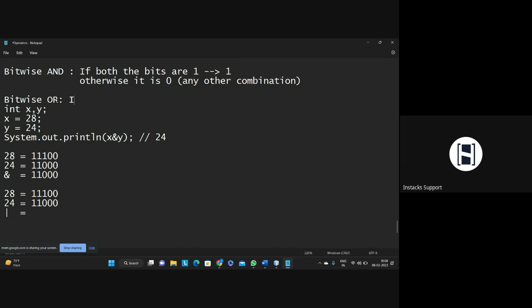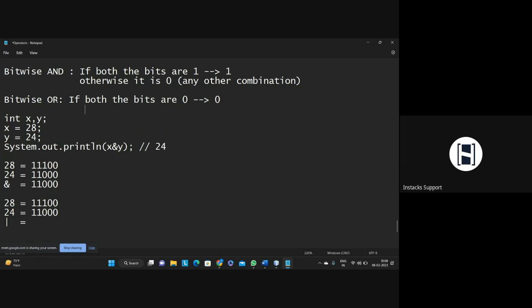That is, if both the bits are 0, it is going to give the result as 0. Any other combination, it is going to give 1.